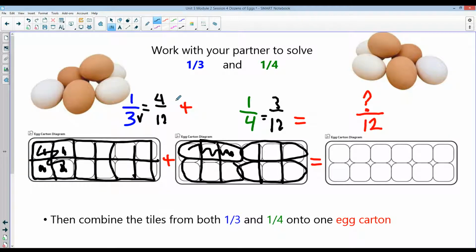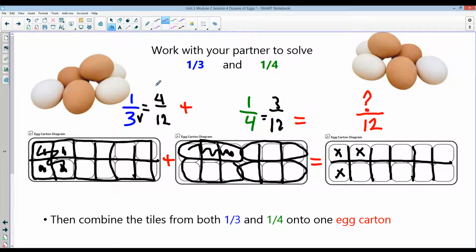Now we can say, oh, common denominators. We love those. Common means the same. How many 12s? Look at this first. I'm going to divide it up into my 12 equal sections. Let's just do it like that. And then we're going to put the 3 12s in. 1, 2, 3.